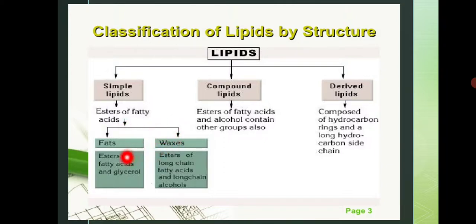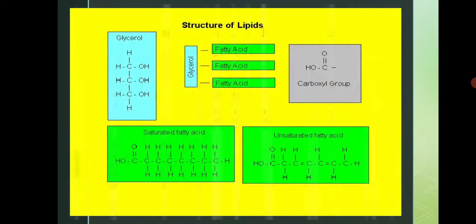Simple lipids are divided into two: fats or oils, and waxes. Fats are solid at room temperature, and oils are liquid at room temperature. If we see about the fats, their structure contains fatty acid and alcohol. फैट्स में क्या होता है? फैटी एसिड एंड अल्कोहल. अल्कोहल इन द फॉर्म ऑफ ग्लिसरॉल.